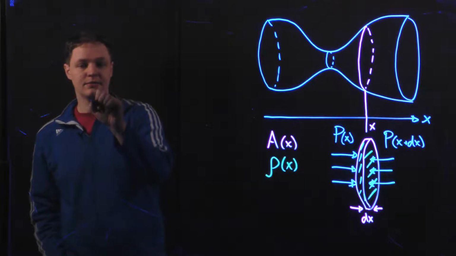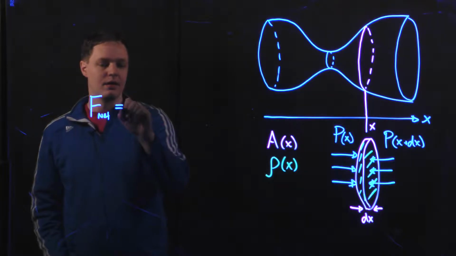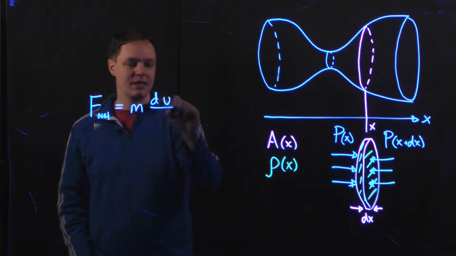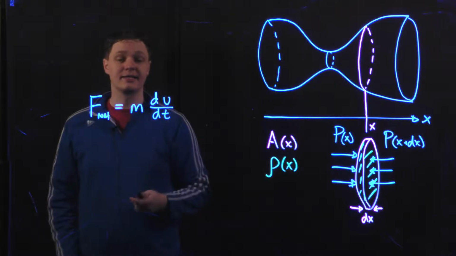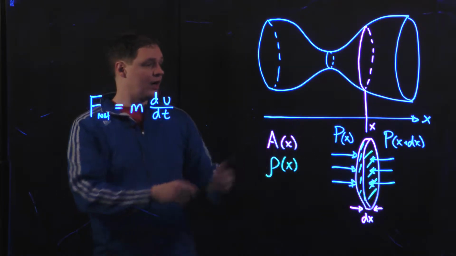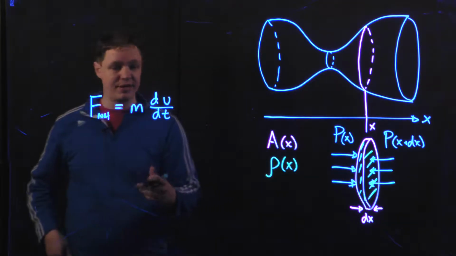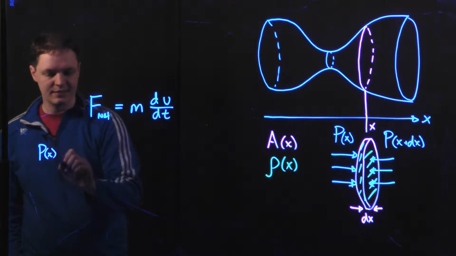Newton's second law reads that the net force on an object is equal to the mass times the time change in the velocity, or the acceleration. For us, we can just start identifying what these are. We have a pressure P of x.